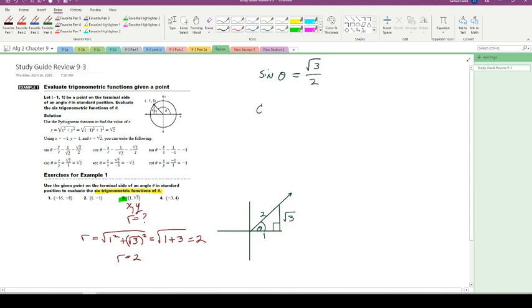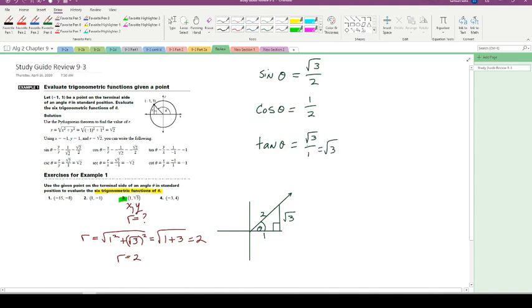We have the cosine of theta, which equals adjacent over hypotenuse, which is 1 over 2. And then we have the tangent of theta, which equals opposite over adjacent, which is the square root of 3 over 1, which is just the square root of 3.